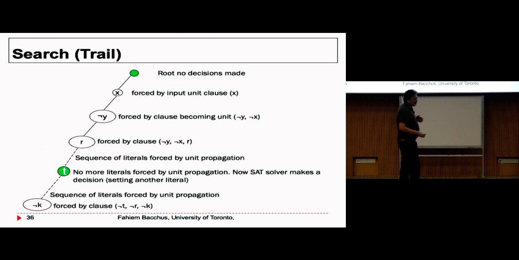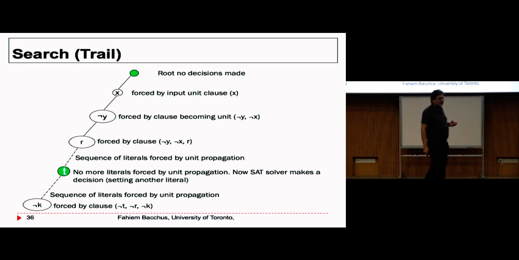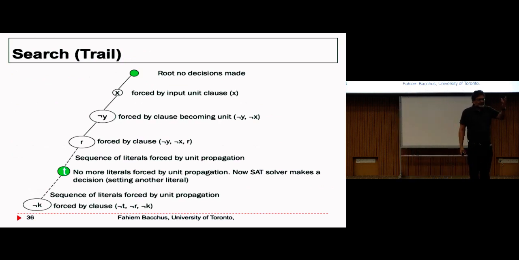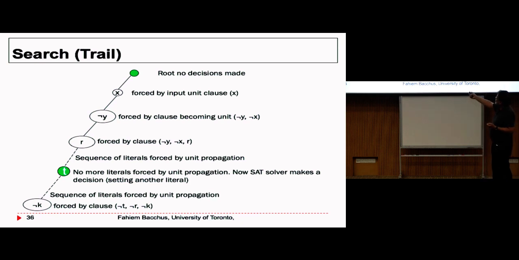So here's what it's going to look like. At the root, you have not made any decisions, but the input could have some units in it, especially after simplification. So you're going to set those units, and then it may force some other units. So you're going to do a whole chain of unit propagation. And then you get to a point where you can't force anything else by unit propagation.